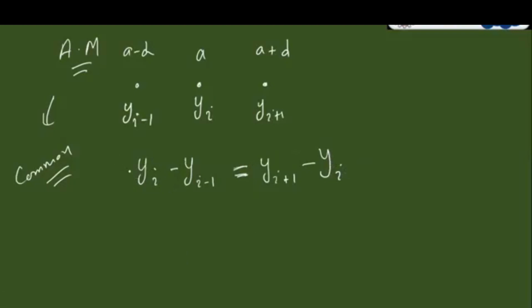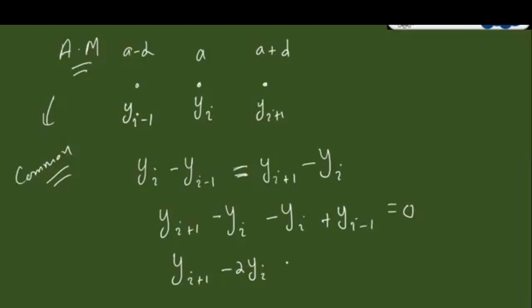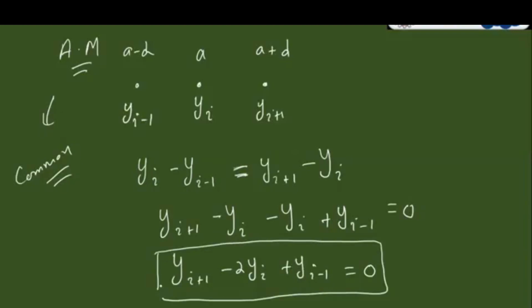So we have yi plus 1 minus yi minus yi plus yi minus 1 equal to 0. If I collect all these terms, yi plus 1 minus 2 times yi plus yi minus 1 equals 0. So what do we have now? We have a difference equation. Why? Because this is an equation that involves the discrete differences of a variable.